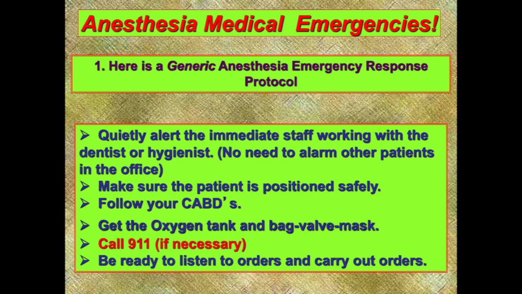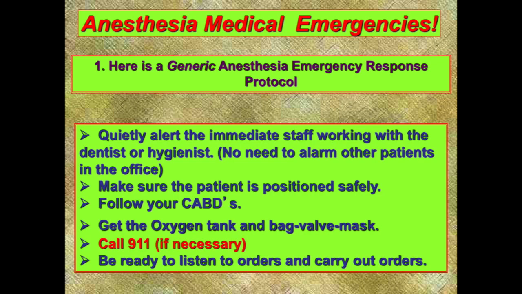Oxygen is one of the first emergency drugs we give the patient, so have that there. And a bag valve mask, which should maybe be attached to that anesthesia cart. Notice that I said call 911, but we should be able to treat in-house.